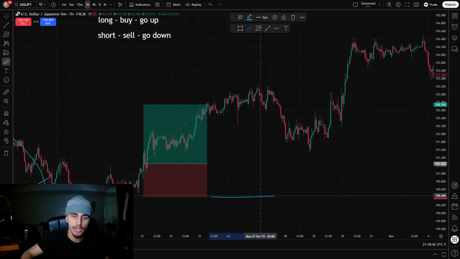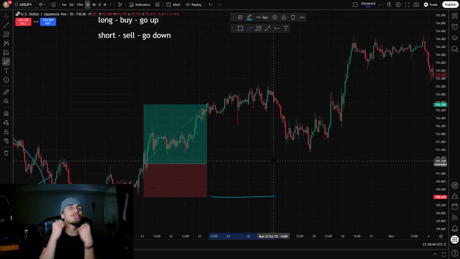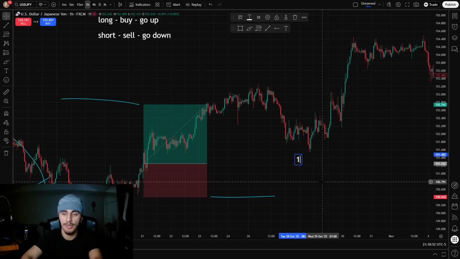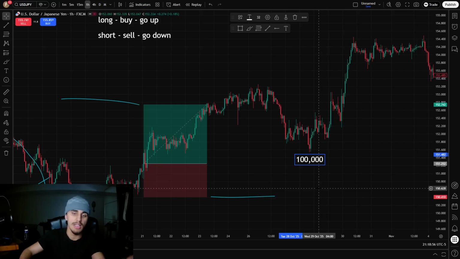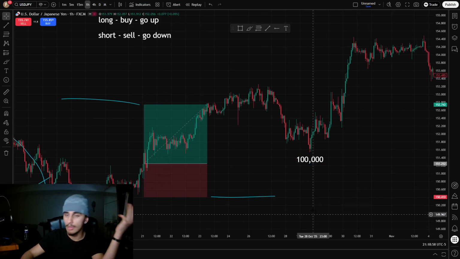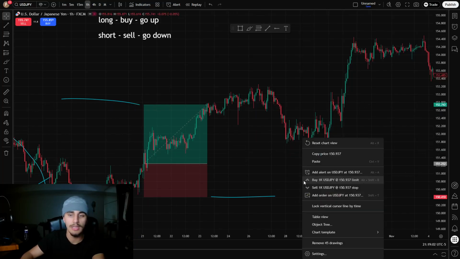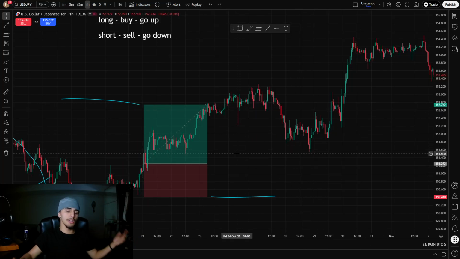Stop loss is for when you don't want to lose too much money. This is part of risk management. Take profit is the part where you win money. Let's say I have $100,000, right? My stop loss is initially going to be about maybe 1,000, 3,000. My take profit is going to be about 3,000 and a good amount. I'll tell you guys more about this later. So far, we're getting a bit too ahead of ourselves.